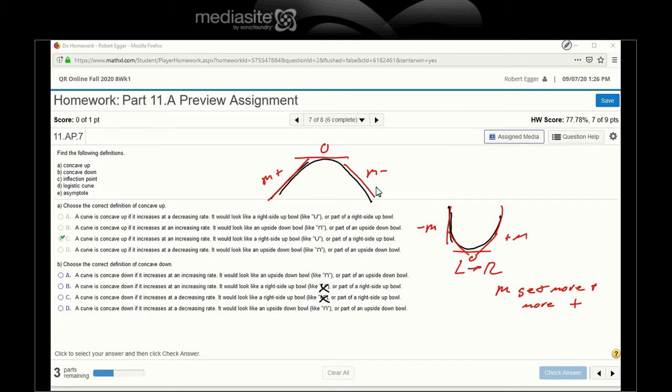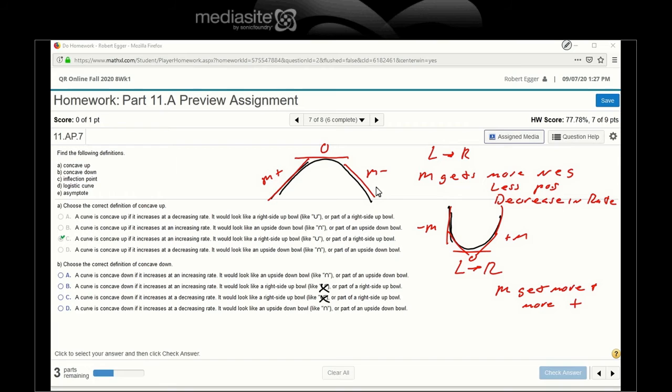As we go left to right, M gets more negative or less positive, I'll look at it that way, and it's getting less positive, that implies a decrease in rate.